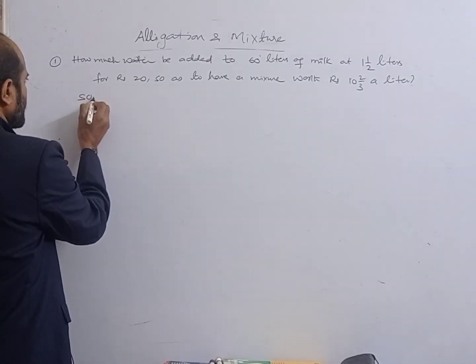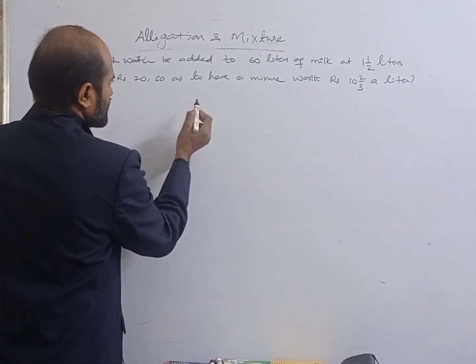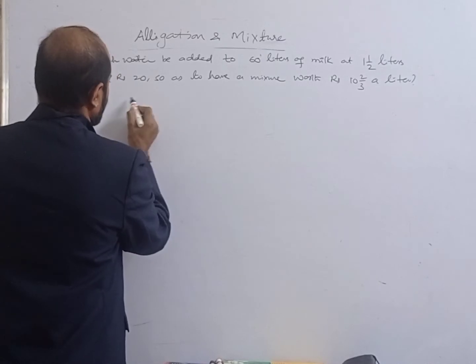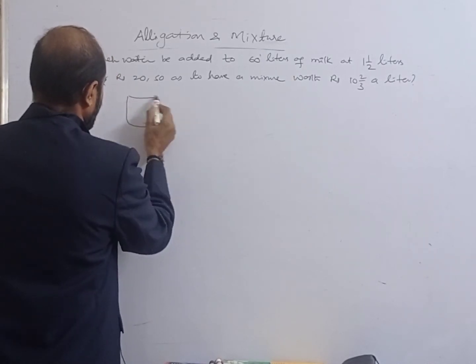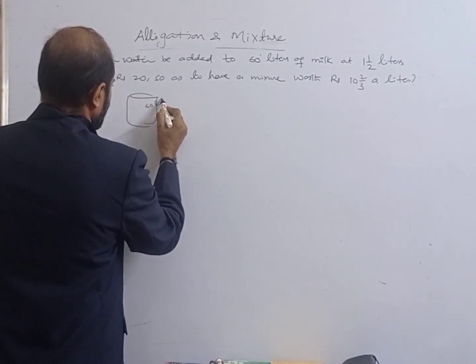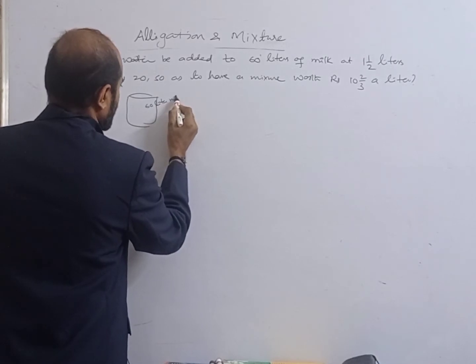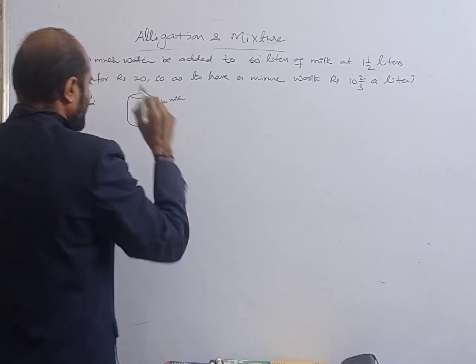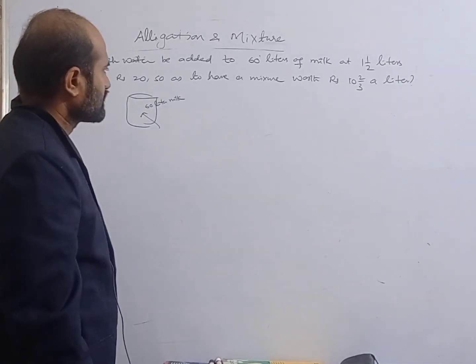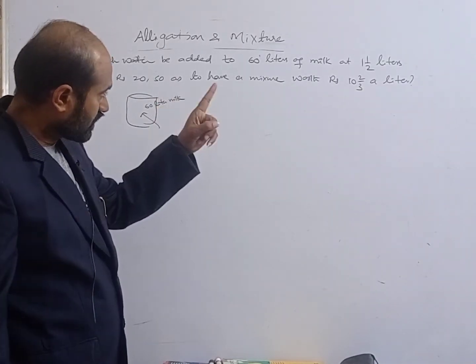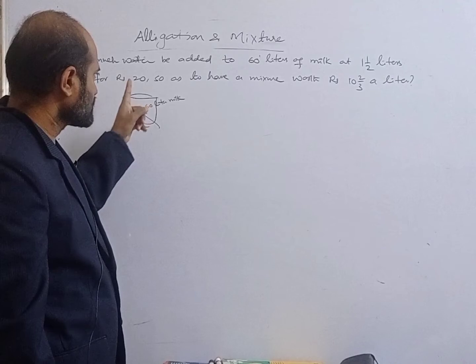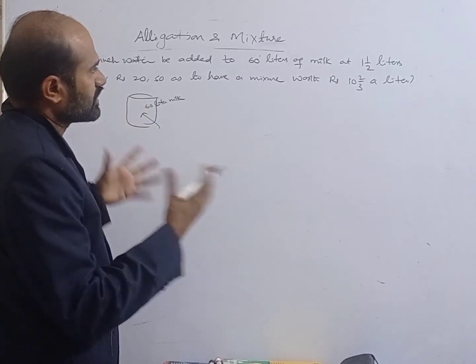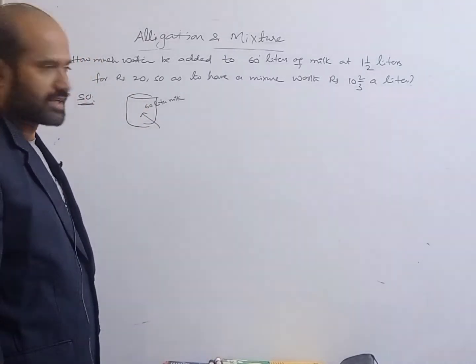There is a container, and in that 60 liters of milk is there. So now how much water should be added to this 60 liters of milk, such that the mixture gives a mean price of 10 2/3?